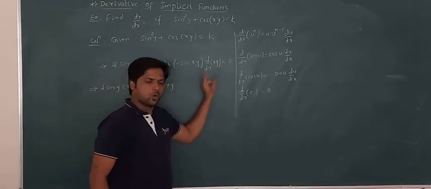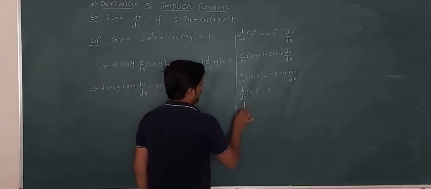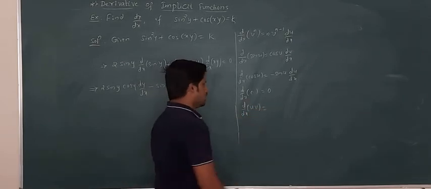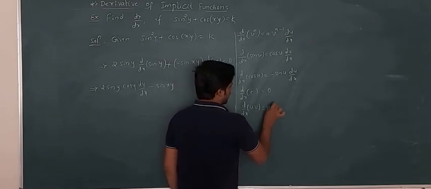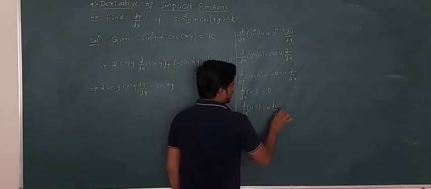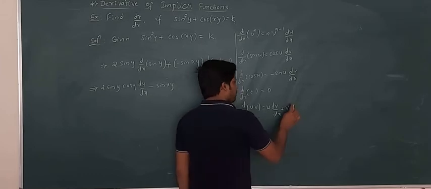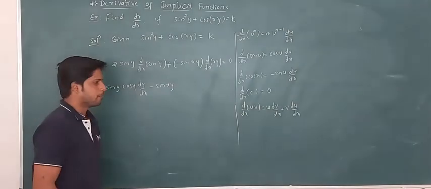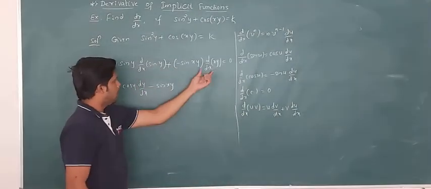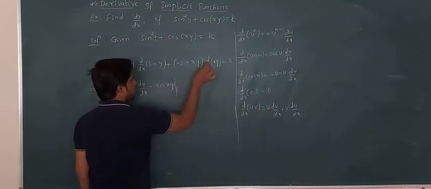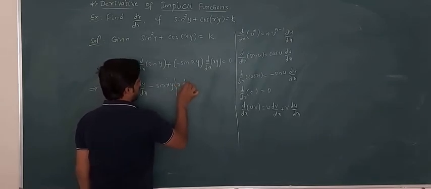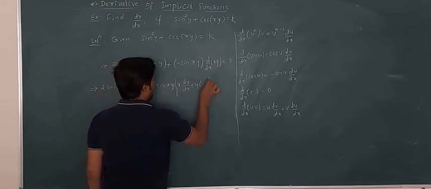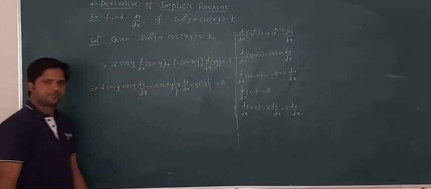Again by using the product rule, d by dx of u into v: first function constant, second function differentiated, that is u into dv by dx, plus second function constant, first function differentiated, that is v into du by dx. Using this formula, we get x constant into dy by dx plus y constant, x differentiation is 1, equal to 0.